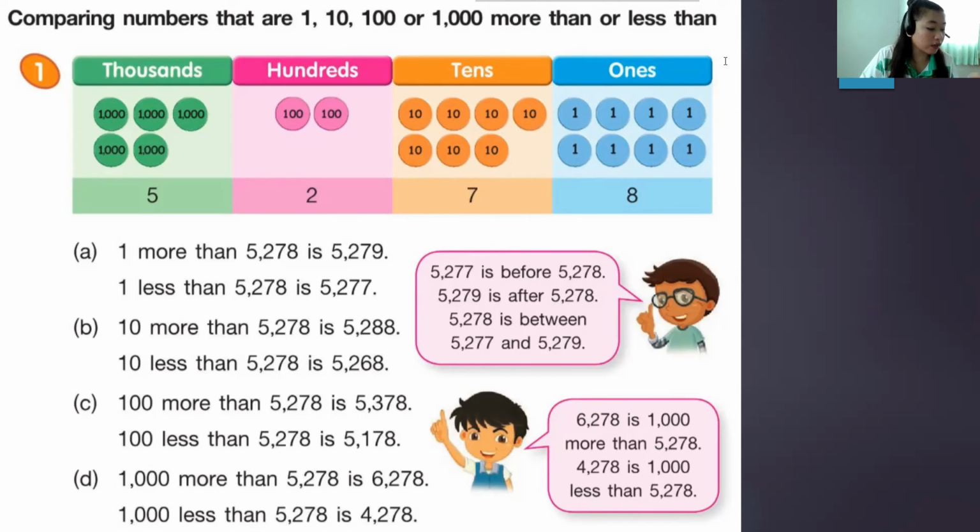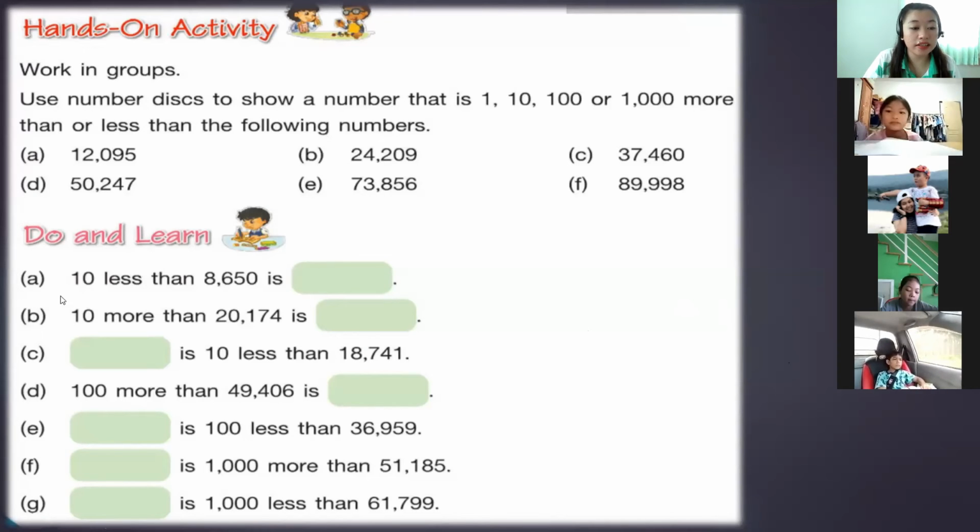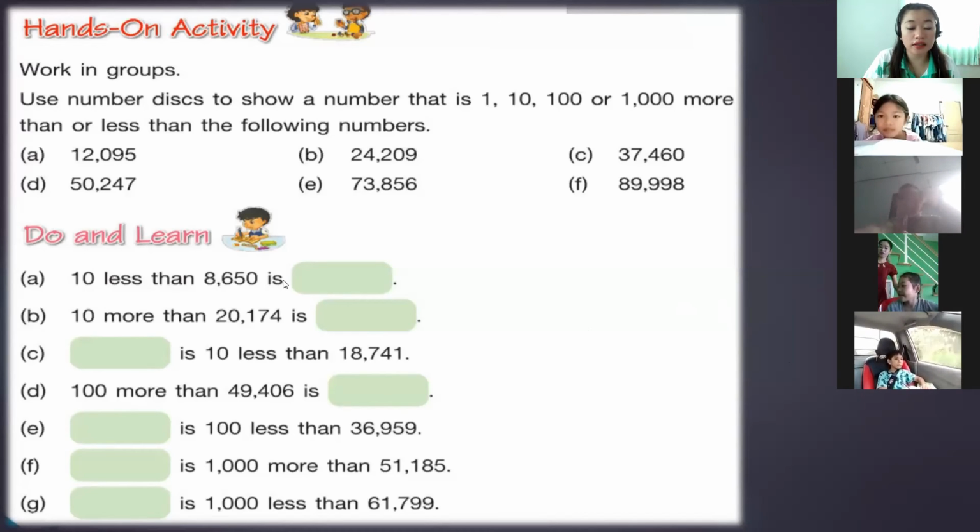Okay, so let's move on to page 20 of your book. Let's try to do this one. Do and Learn. So we have here letter A, 10 less than 8,650 is what?